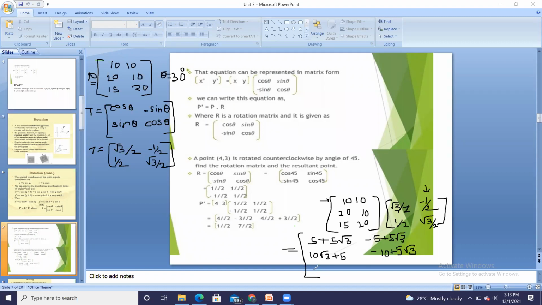Next is 15 into root 3 by 2, so 15 root 3 by 2 plus 10. And here minus 15 by 2 plus 10 root 3. Right. So this is the resultant triangle P dash that we are going to get after rotation.